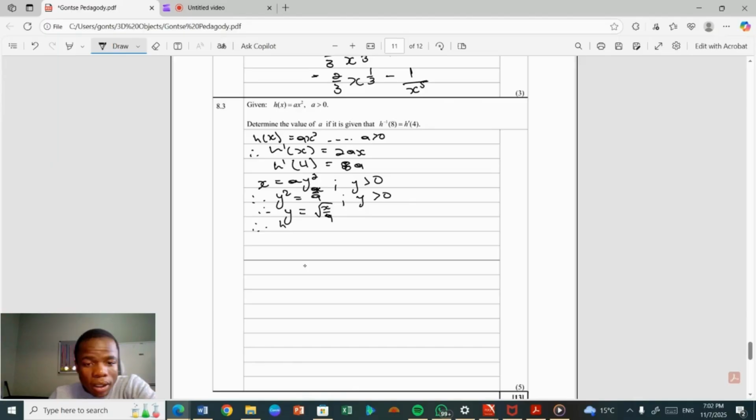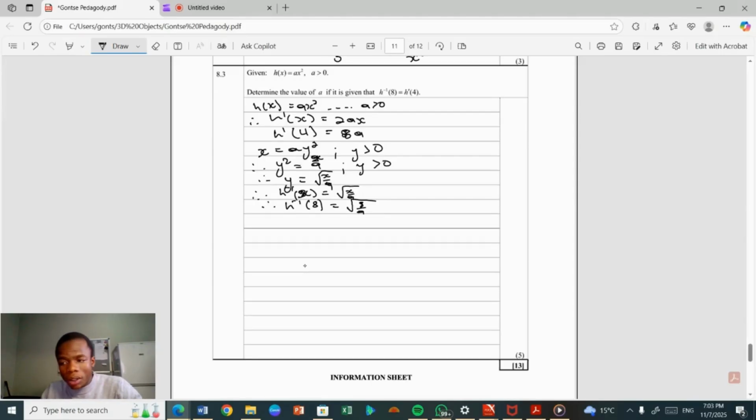Then from there, say therefore, the inverse of h of x is equal to square root of x over a, right? Then from here say therefore the inverse of h of 8 is equal to square root of 8 over a.